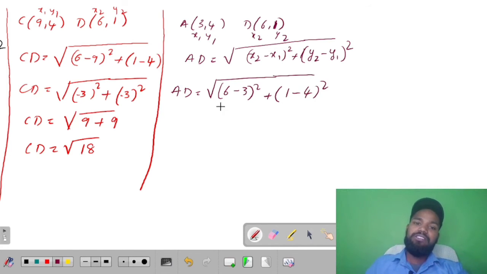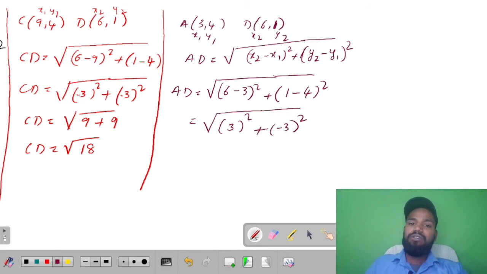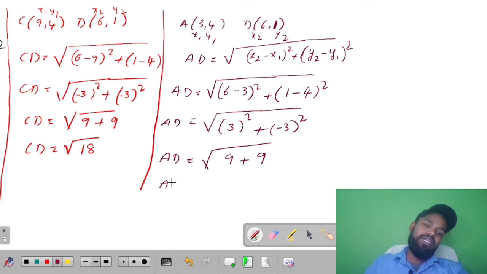Just do it. 6 minus 3, 3 whole square plus 1 minus 4, minus 3 whole square. AD equals under root 9 plus 9. So AD equals root 18.